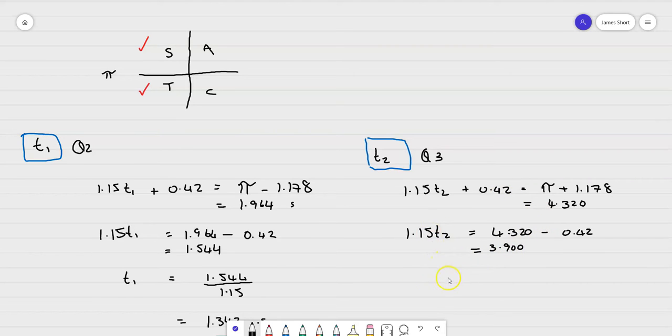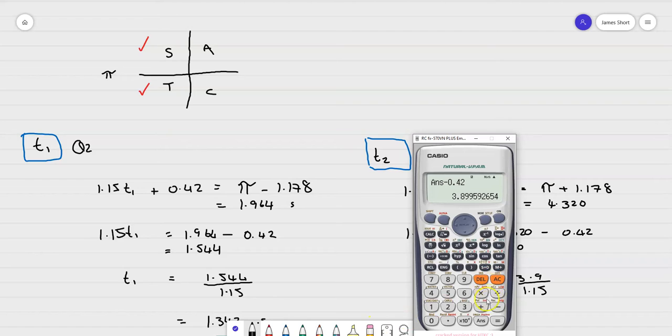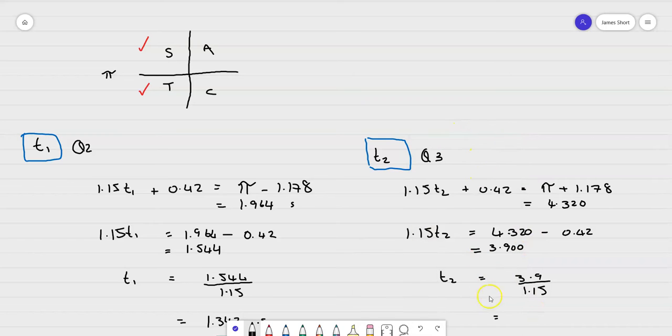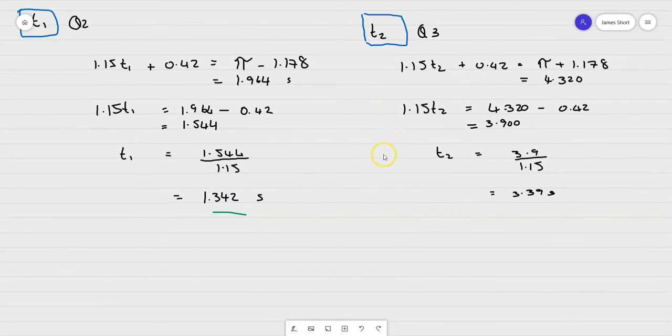Now we can solve for T2. So T2 is equal to 3.9 divided by 1.15, which gives us 3.39 seconds. I'm going to underline that one as well.